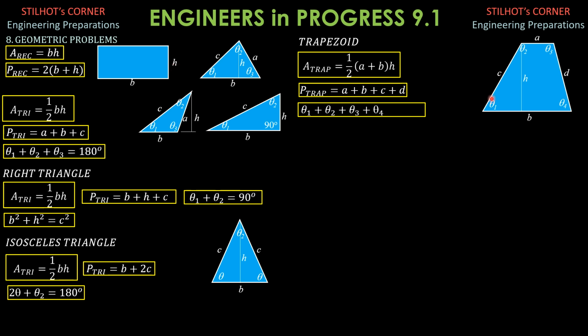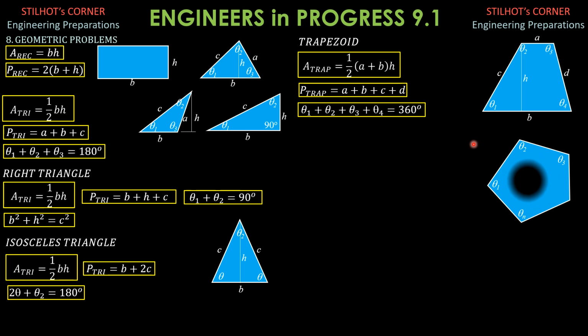Then for any closed polygon in general, the number of non-overlapping triangles that can be drawn is n minus 2. For instance, in this quadrilateral here, there are four sides, 4 minus 2, so 2, times 180 degrees. So for closed plane polygons, convex polygons, the sum of the interior angles can be derived as the number of non-overlapping triangles times the sum of the interior angles of a triangle.